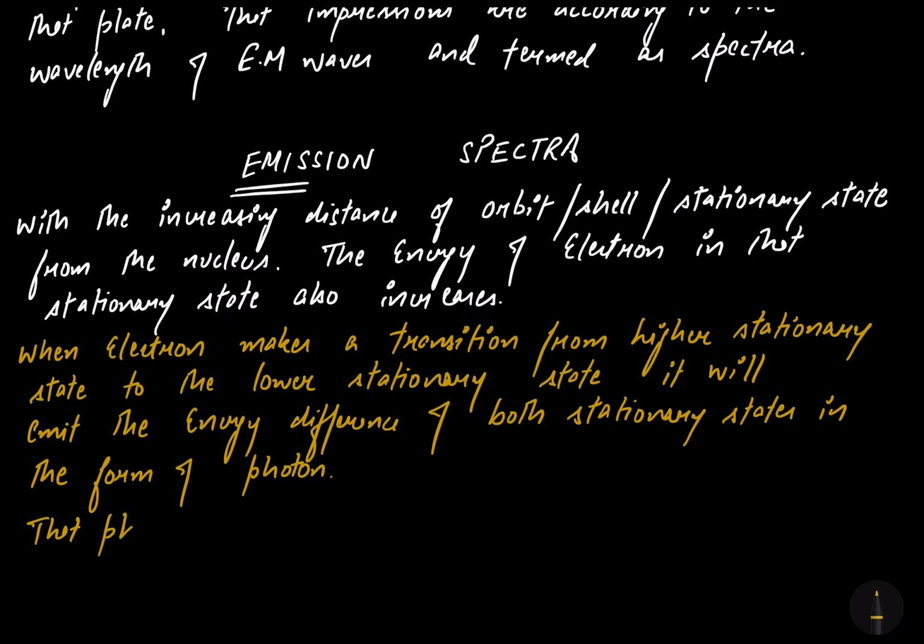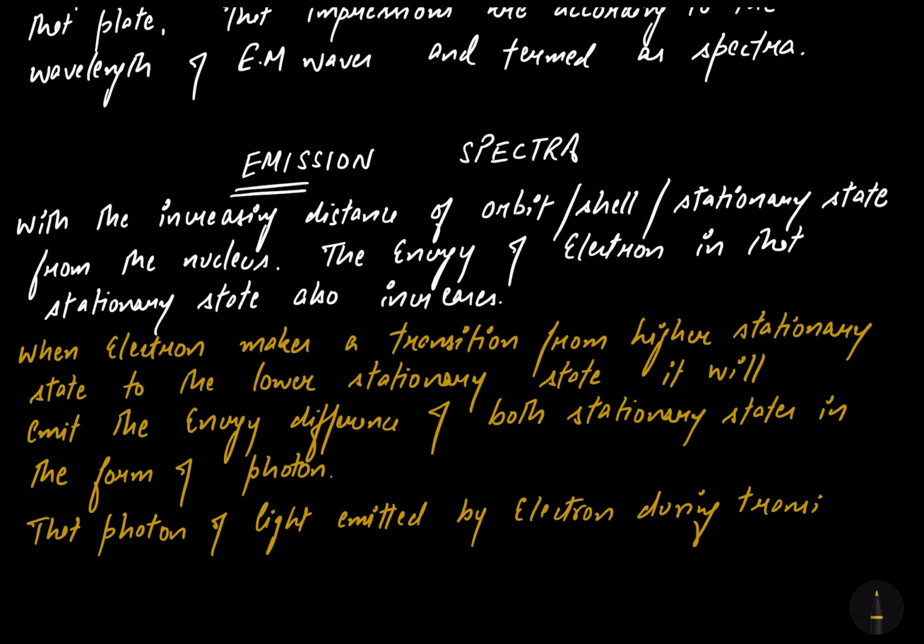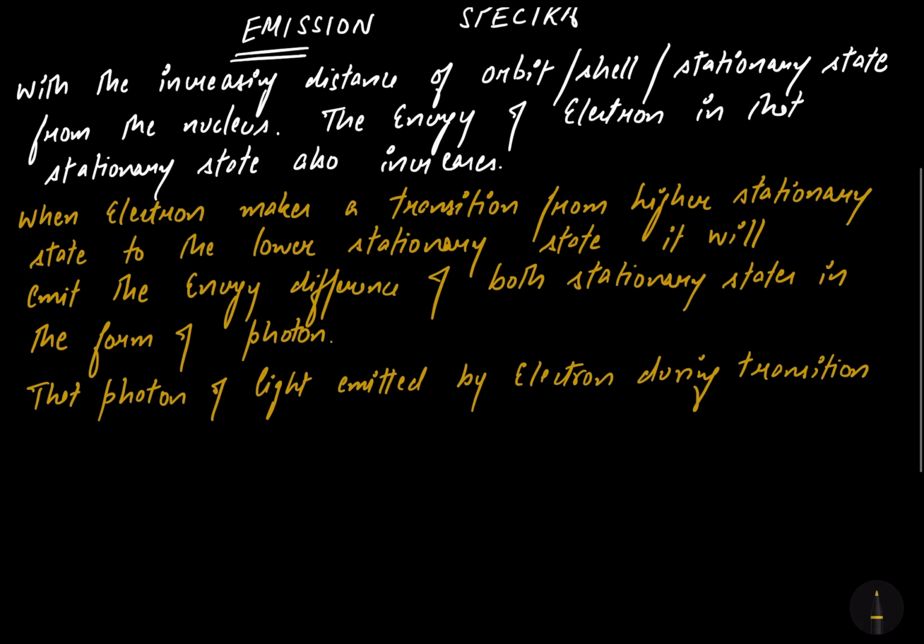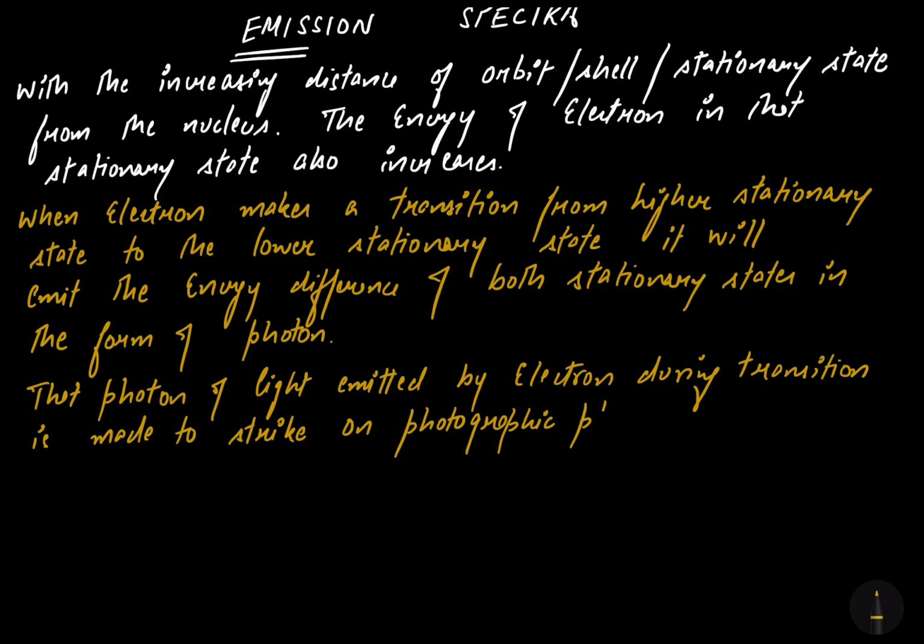That photon of light emitted by the electron during the transition is made to strike on the photographic plate.